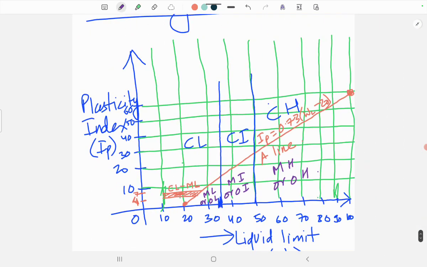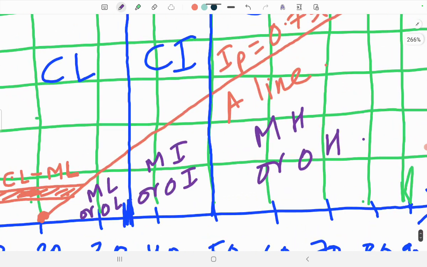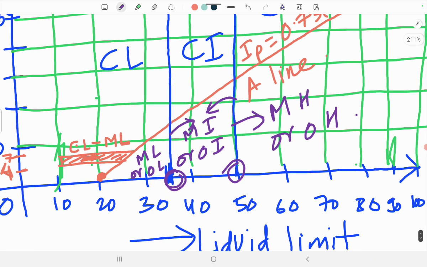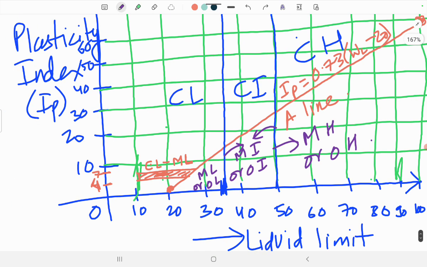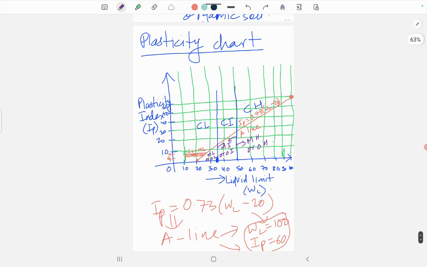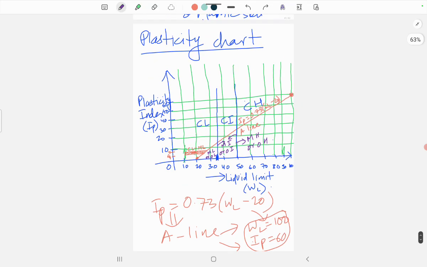So above this 50% liquid limit, it is high plasticity silt, between 35 and 50 it is intermediate plasticity, and below 35 it is low plasticity silt or organic soil. So in this way we have completed our plasticity chart as well.